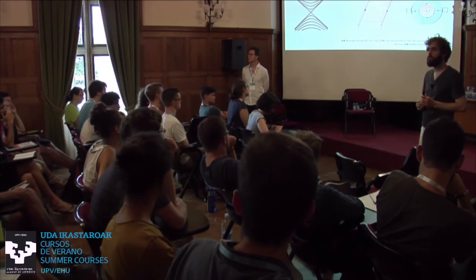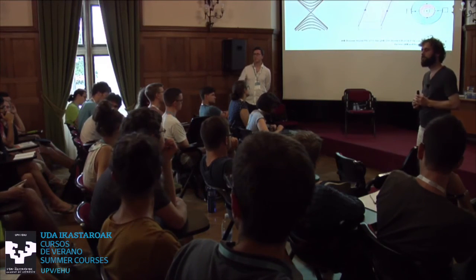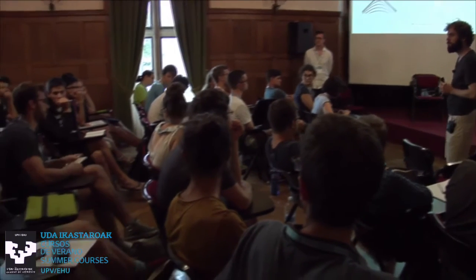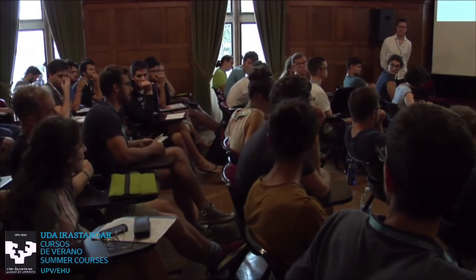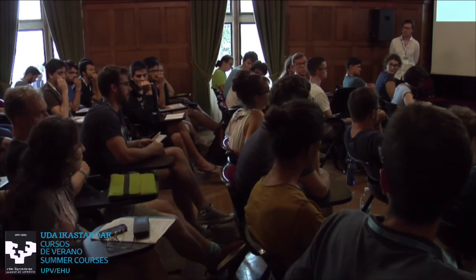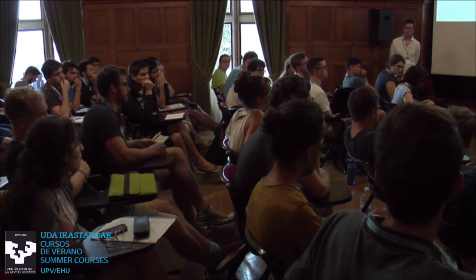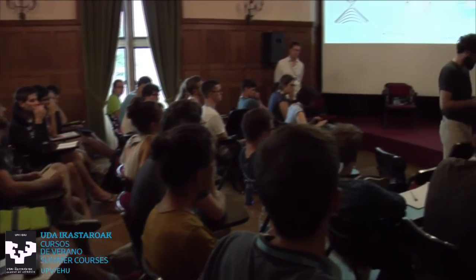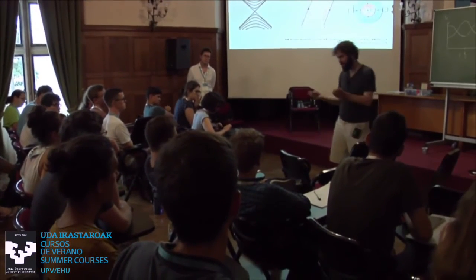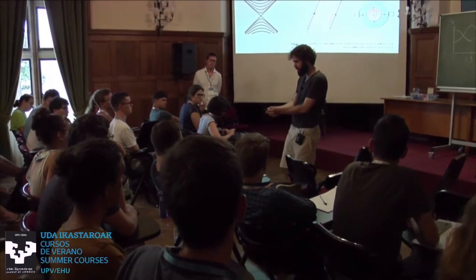More questions? In the last part, when you have the two Majoranas, would there be a difference in the signature if you allow for hybridization between the two Majoranas? Yeah, certainly, if the wire is so short that they hybridize.